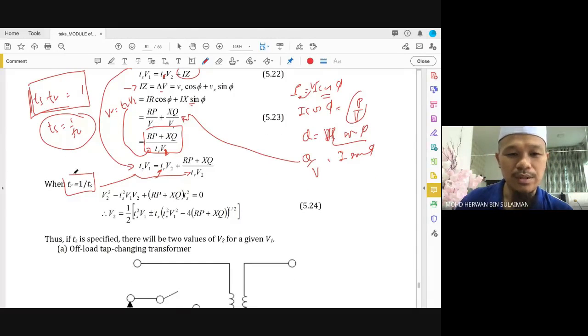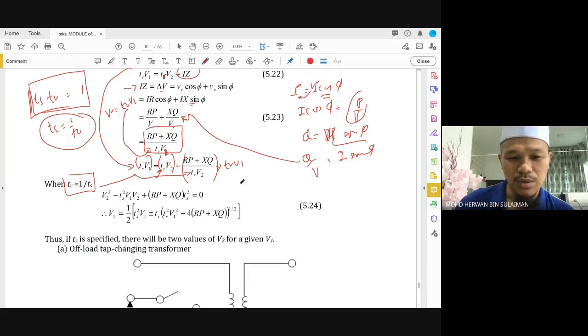Okay, we want to cancel this value. We need to times with TRV2, right? So when we times this one with TRV2, all elements need to be times with TRV2.